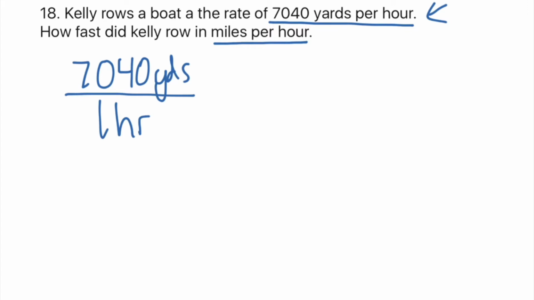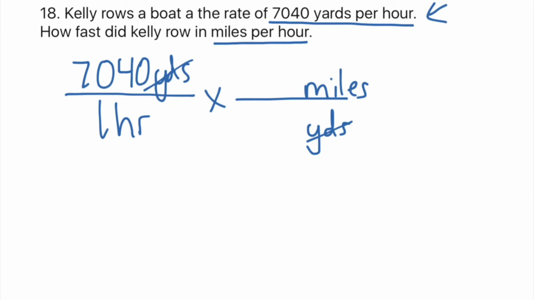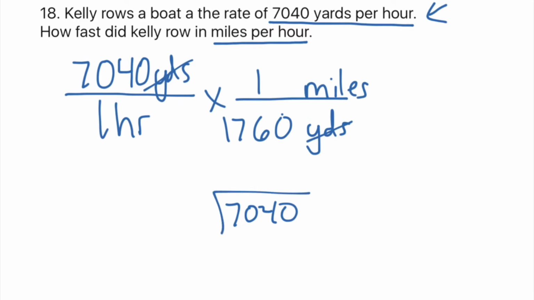Now we want to go to miles. So therefore, I need to make sure yards is on the bottom so that they cancel, and what I'm going to is on top. And I know 1 mile is 1,760 yards. So this is just a simple division problem. We have 7,040 divided by 1,760.